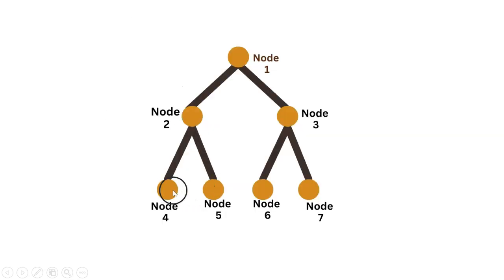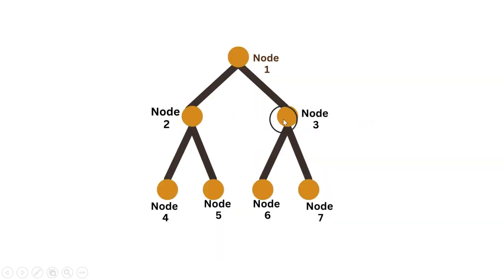Here you can see the lower nodes are connected to upper nodes, and these two nodes, node 2 and node 3, are again connected to node 1. So here node 1 acts as a hub, that is a multi-station access unit. Node 2 again acts as a multi-station access unit for node 4 and node 5. Node 3 acts as a multi-station access unit for node 6 and 7.